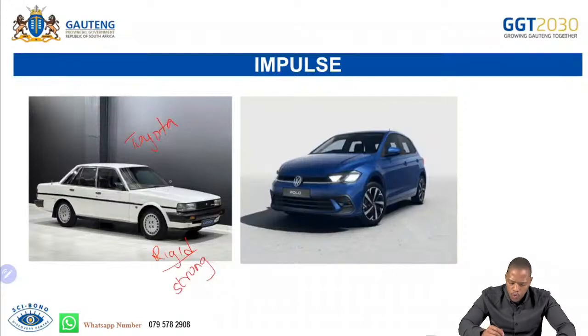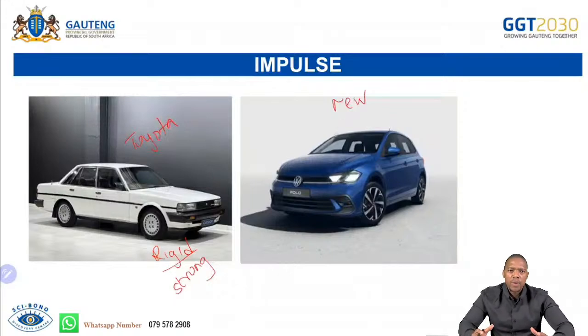However, if you look at the new cars, nowadays cars, even if you look at how they are designed, look at them here. They look like they are weak cars. They are not that rigid. They are not that strong. So when I realized it, it used to raise a question to me to say, why are nowadays cars weak?